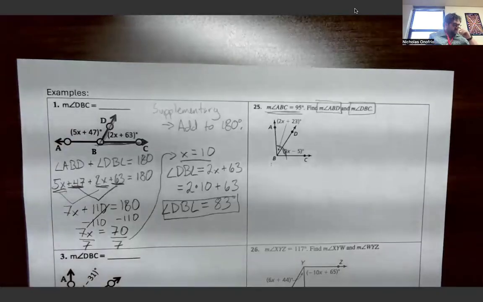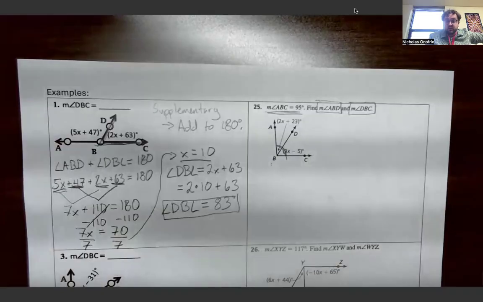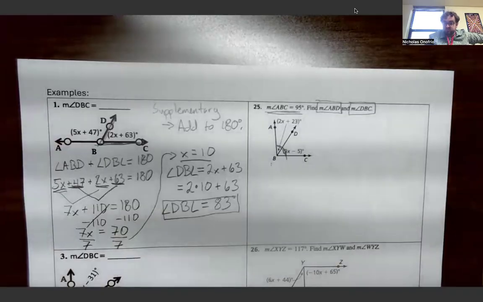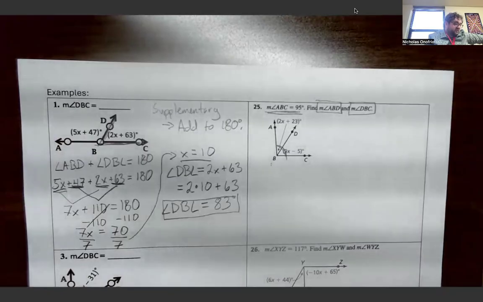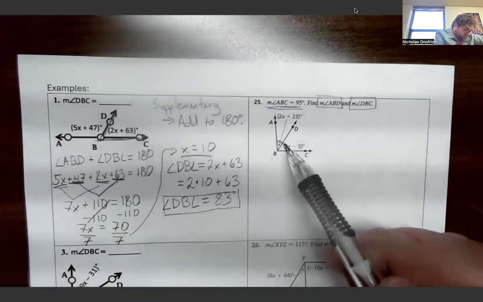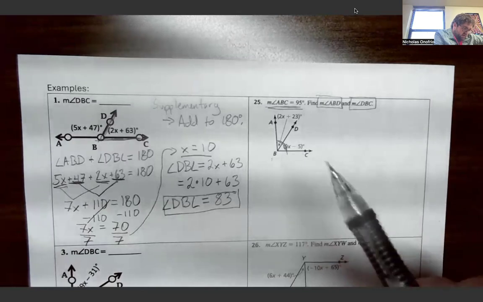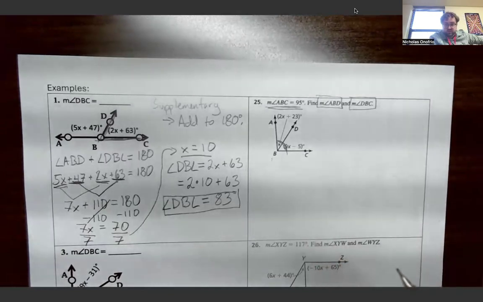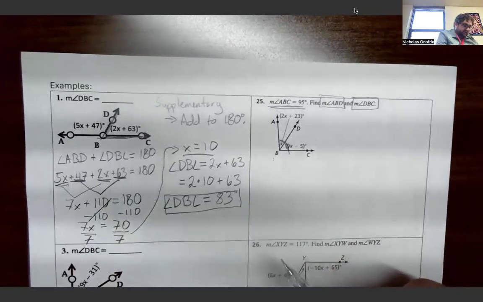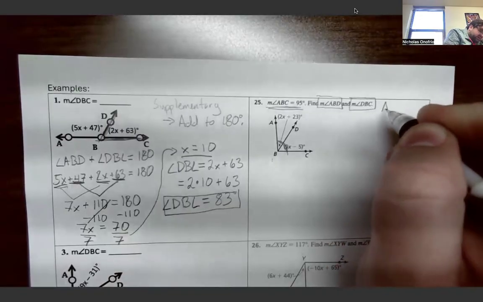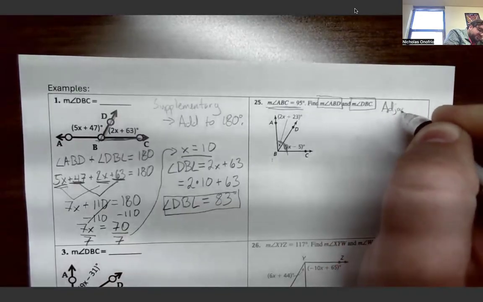Now, first thing we need to do is discover what type of angles they are. It's clear that they're adjacent. They're right next to each other, but it doesn't look like we have the little box for a 90-degree angle, and they definitely don't form a straight line. Because of this, we are just going to assume that they are adjacent.